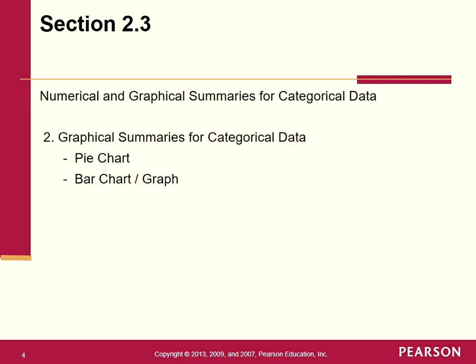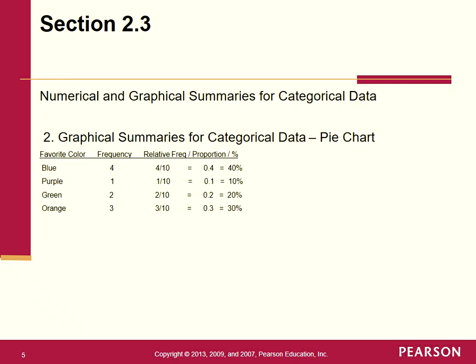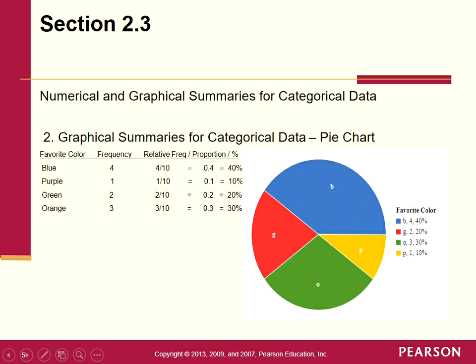That's really all I can do with those. So here's our data again, and let's say we're going to create a pie chart for our data. I'm not going to make you take out a protractor and figure all that out. We'll do it on a computer. I'll show you how to do that later.